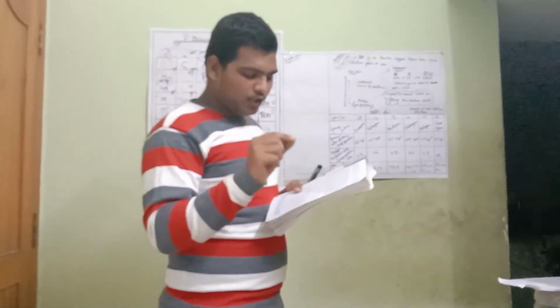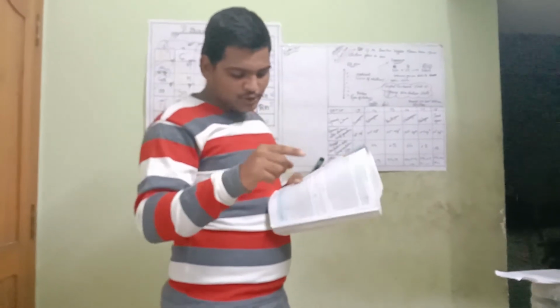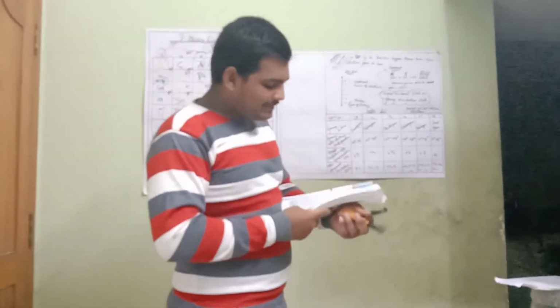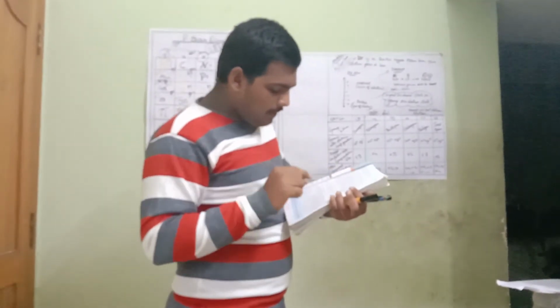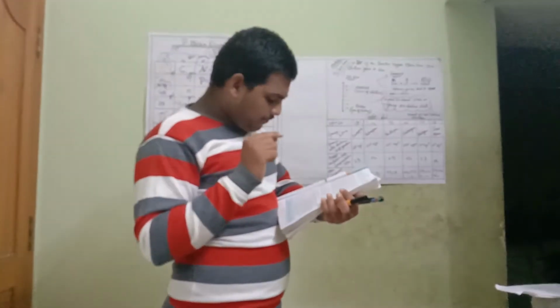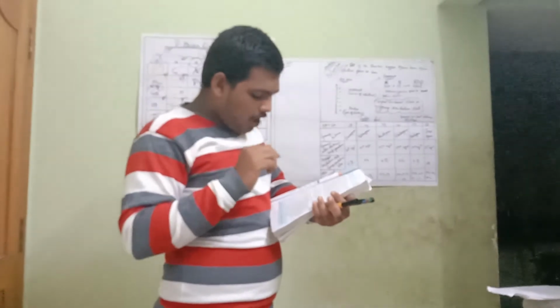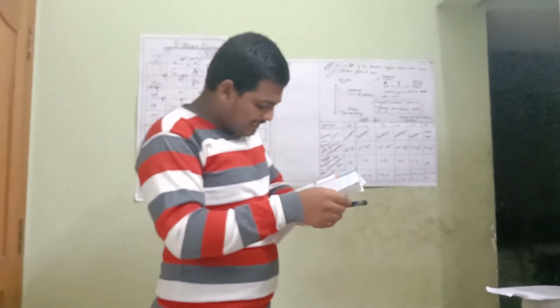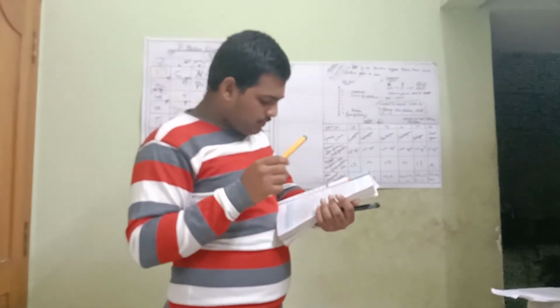In the first line, p block elements have a general electronic configuration of ns2 np1-6. This is the first point. And second point, in the third line, the elements of group 18 are more stable and have the least reactivity. This should be the second point.